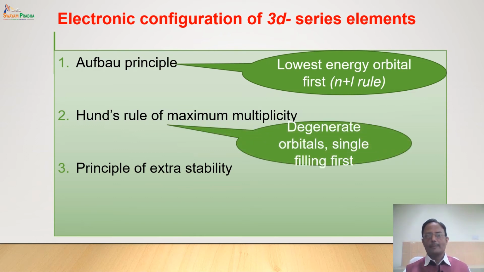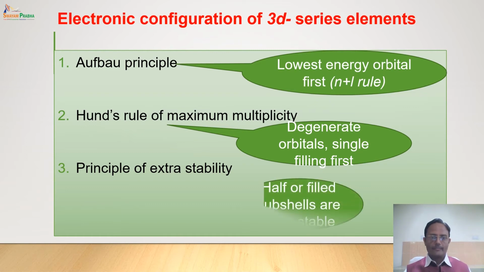Hund's rule of maximum multiplicity says, if you have equal energy orbitals, also called degenerate orbitals, each of them will get 1 electron first, and only then will the pairing take place.